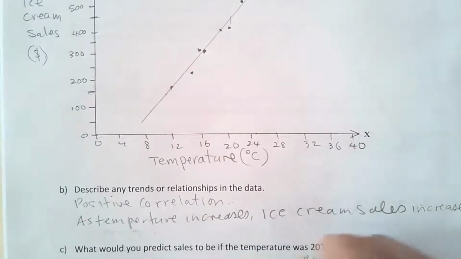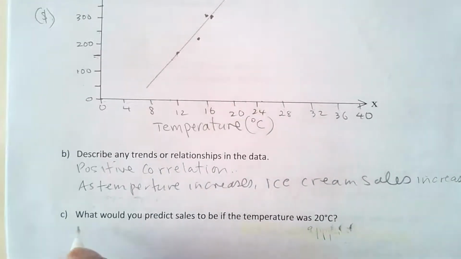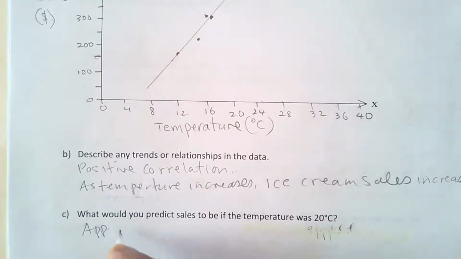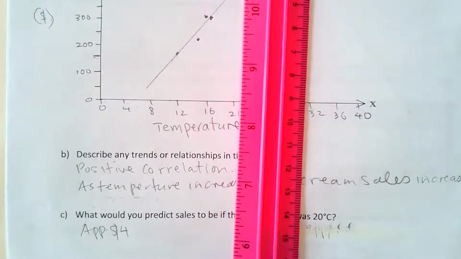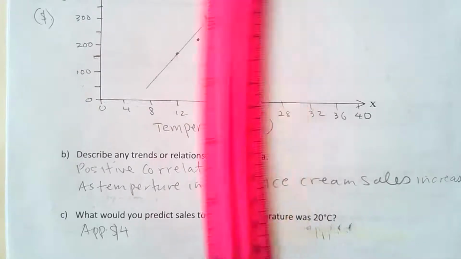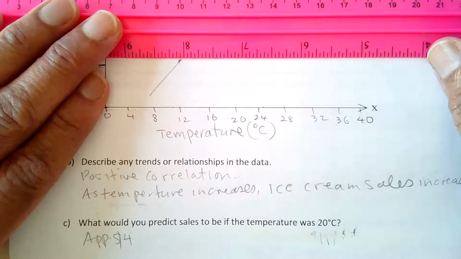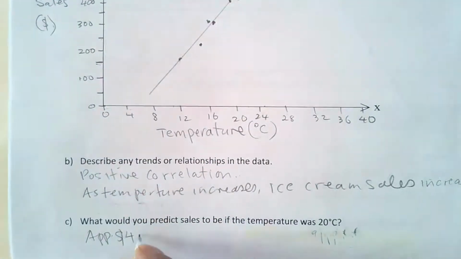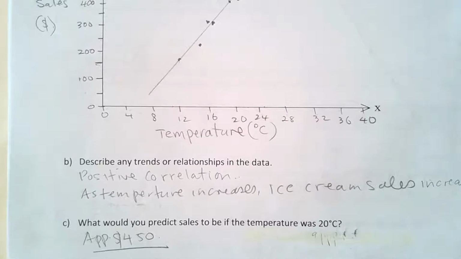Let's write this properly here. So if I go here for 20 degrees Celsius based on my graph, I go across and I get $450. Now that's an approximation.